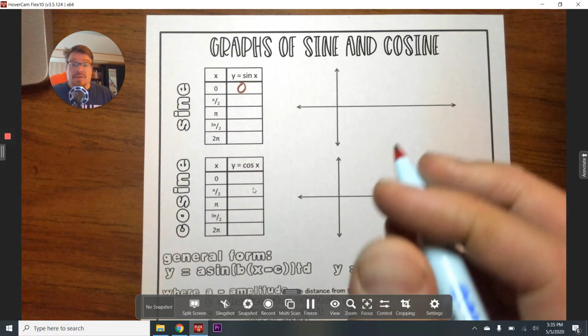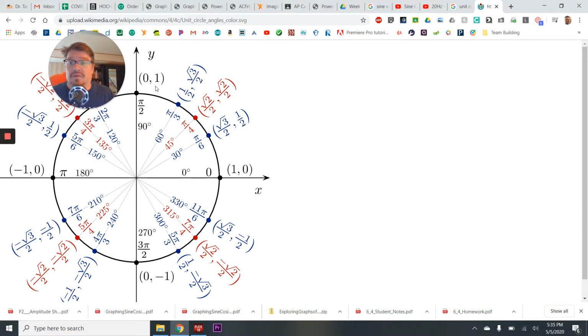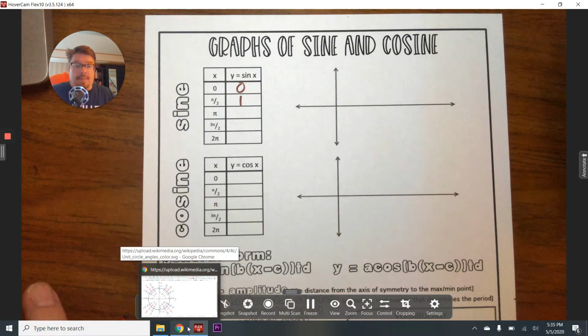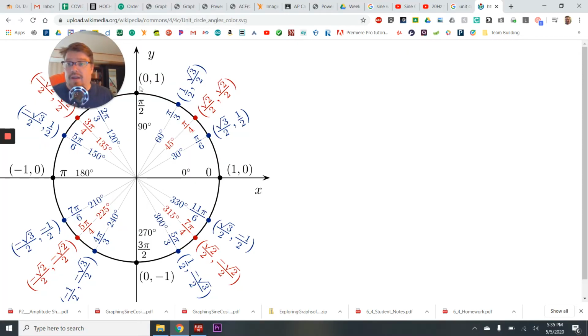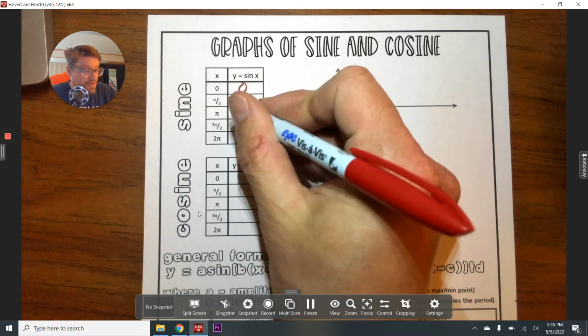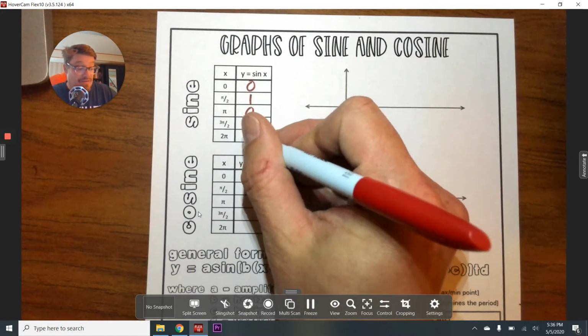So at pi over 2, it's actually here at 90 degrees, and the y coordinate is 1. All right. So we're going to put 1. What happens at pi? At pi, the y coordinate actually is 0. Okay, so we're going to keep that going. We're going to find that's -1. And then as we get to 2 pi, it's back to 0 again.